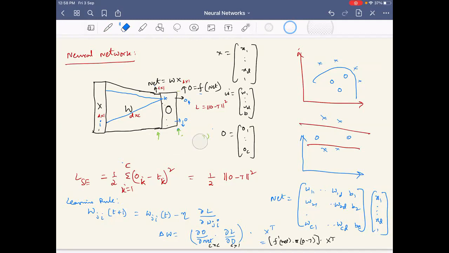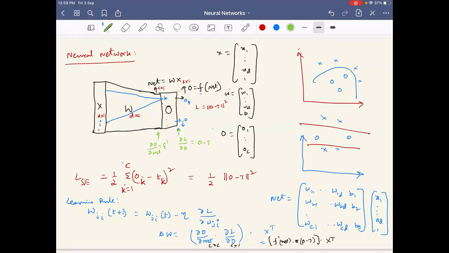Let us go step by step here. So dou L by dou O, let us try to correlate with what you have previously done. Dou O by dou net here is nothing but f dash. Please note that this f dash is a vector. Though it's a diagonal matrix, I have written it conveniently as a vector.